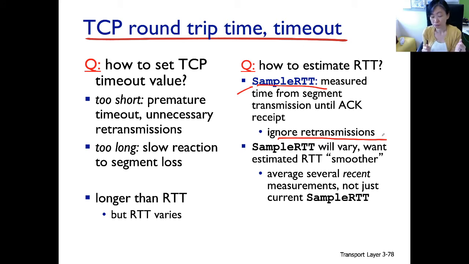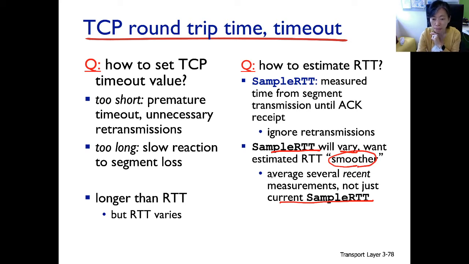And we get lots of these sample RTTs, and they could vary quite a bit. So it's actually not good to use the sample RTT as the timeout interval for the next packet. So what TCP does next is get a smoother estimation of the round trip time.